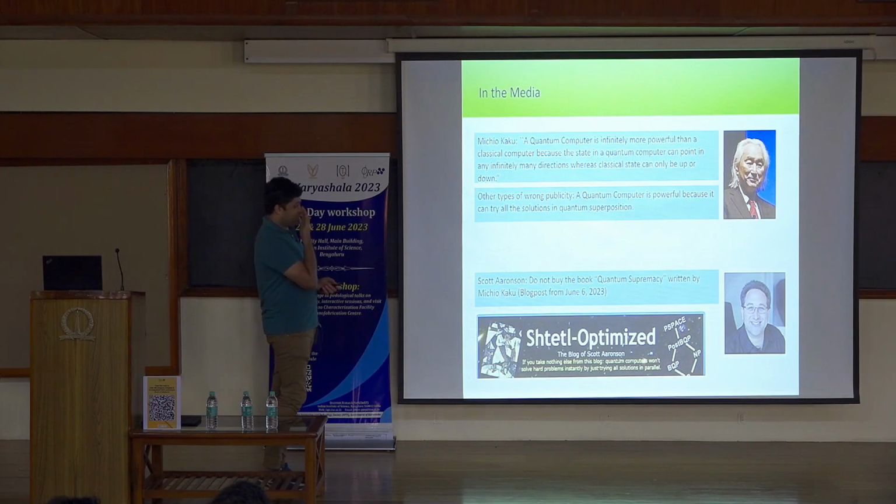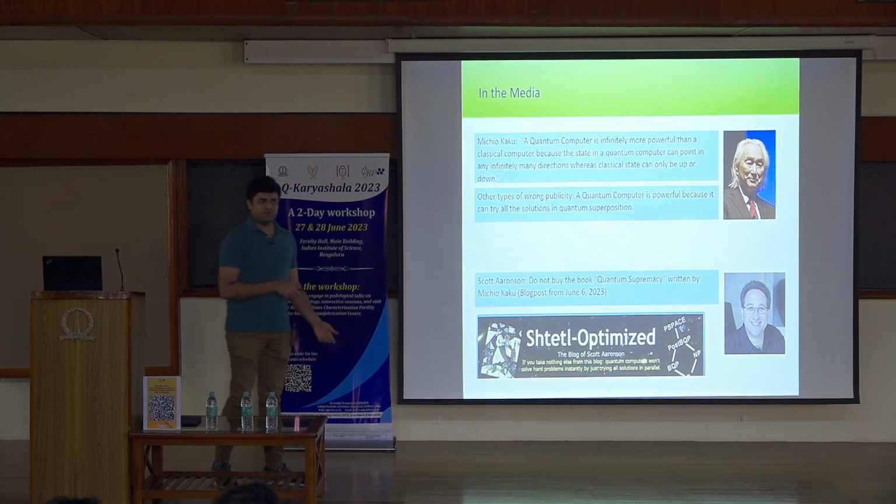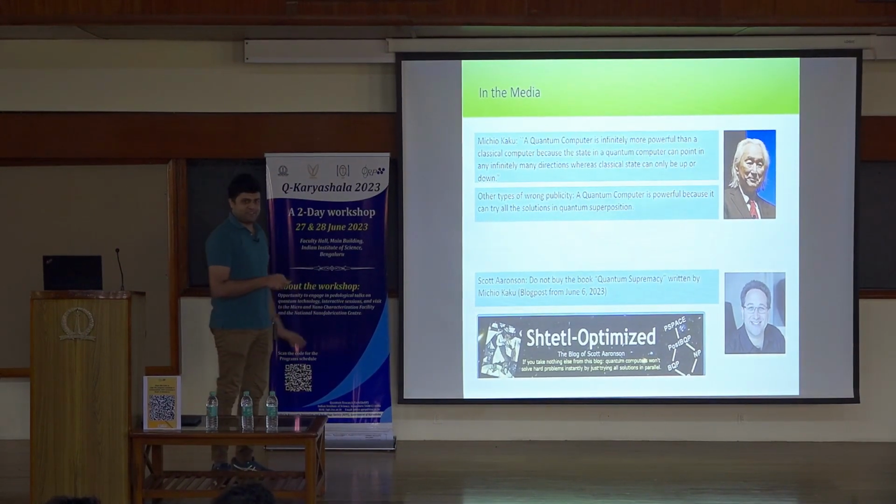There are other types of wrong publicity, which is that a quantum computer is powerful because it can try all solutions in quantum superposition, all meaningless sentences. I would urge you to go read Scott Aaronson's blog.